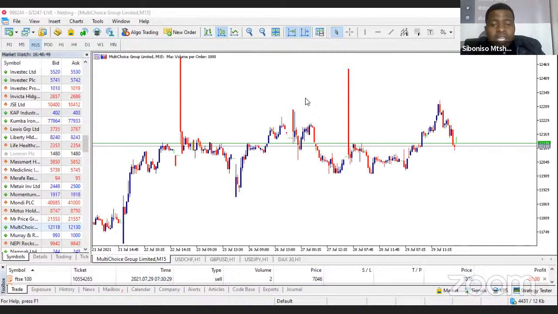So what happens with the likes of Dow Jones, the Nasdaq, and everything in America? According to South African time, 2 p.m. is actually 8 a.m. in America. So when it's 3:30, it's actually 9:30 to them. So the market reopens from a break. You know when traders go to lunch, the market closes a little bit.